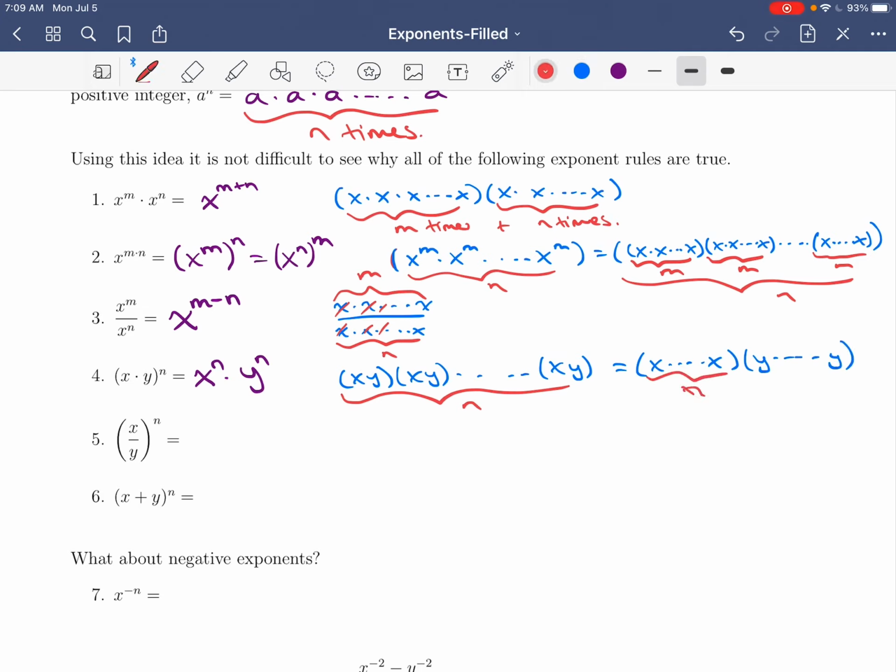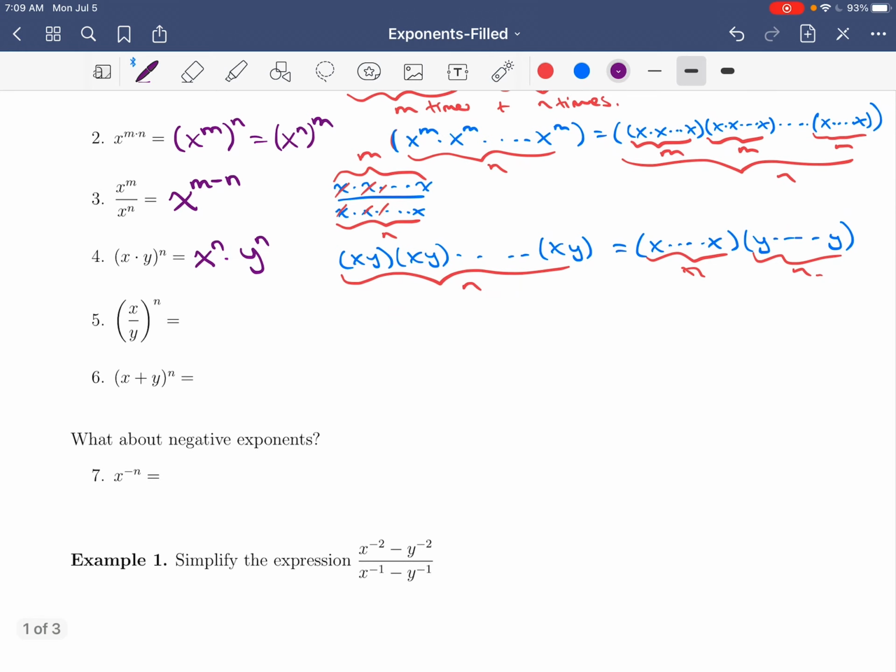Because they're all multiplying, it doesn't matter what order you write them in. So similarly, this one's going to work. I'm not going to explain this one with writing it, but it's going to be x to the n over y to the n. So when you have multiplication inside or division inside, the power can just jump in to both things.